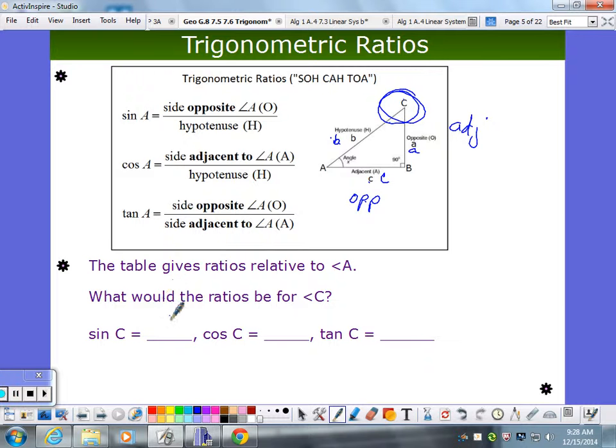C over B. What's the cosine of C? Adjacent over hypotenuse. A over B. The tangent of C is opposite over adjacent. C over A. That's how we would find those values.